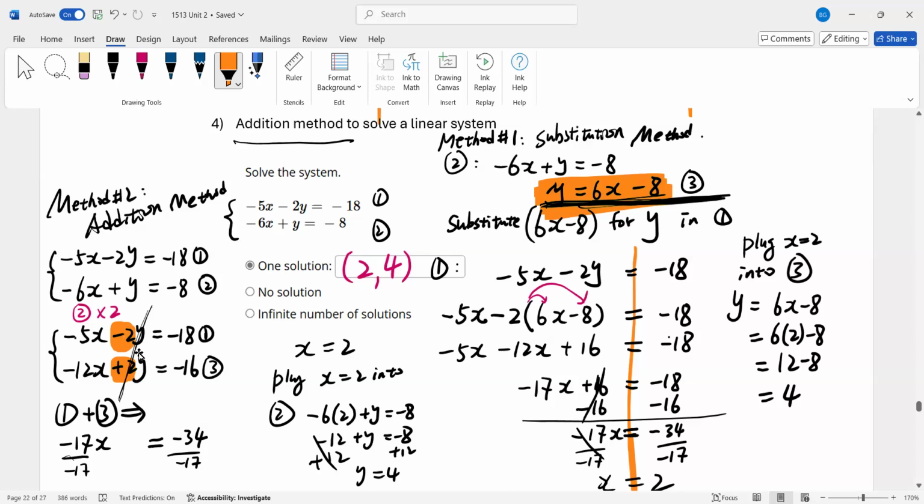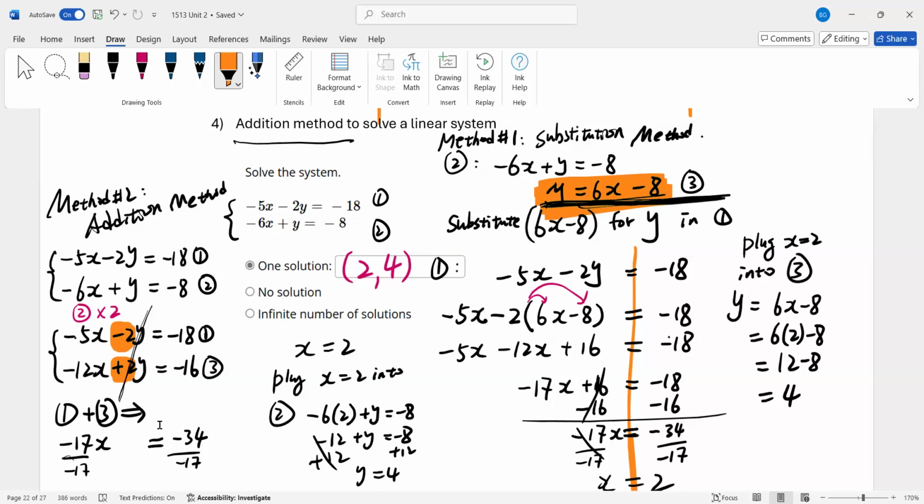Since the two coefficients are opposite, if we add equation 1 and equation 3 together, variable y will be eliminated. So the key of both the addition method and the substitution method is eliminating one variable of the two variables.